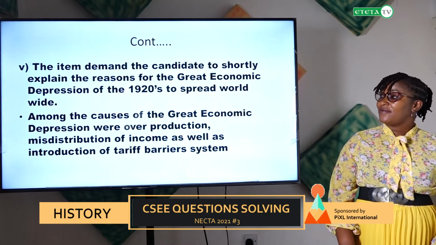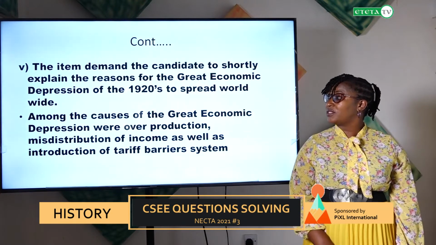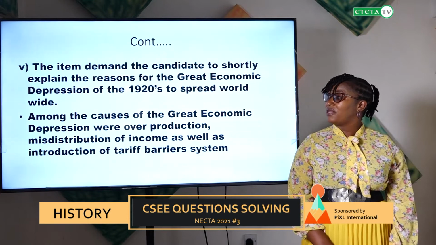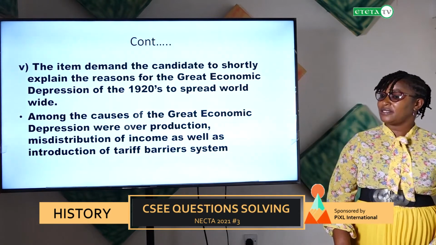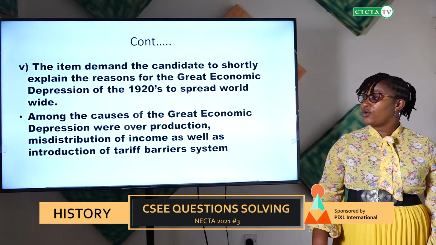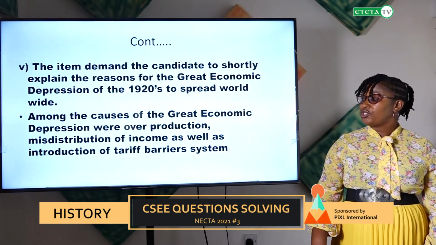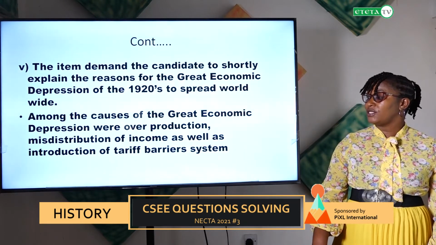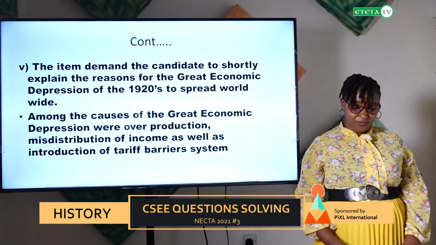Item number 5 demanded the candidates to briefly explain the reasons for the Great Economic Depression of the 1920s to spread worldwide. Among the causes were overproduction, maldistribution of income, as well as the introduction of tariff barrier systems in different parts of the world.